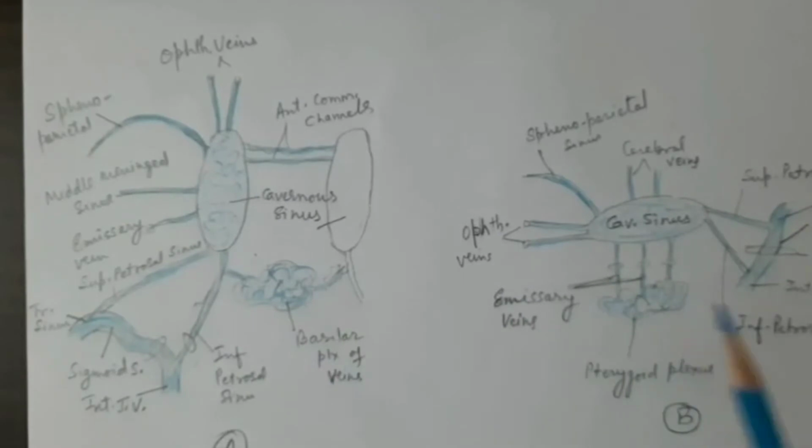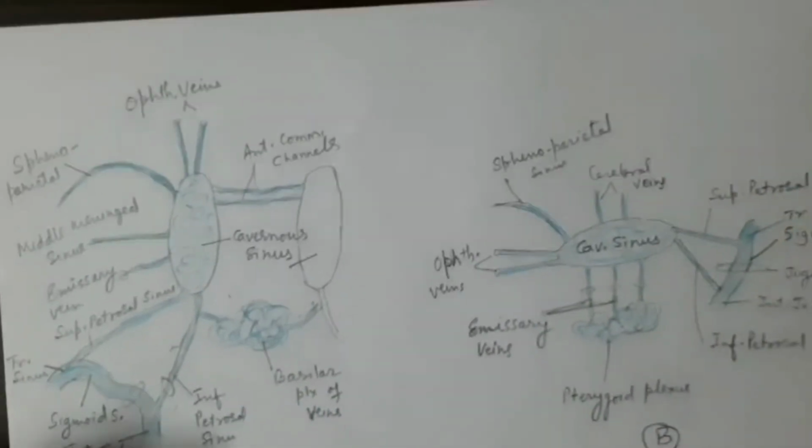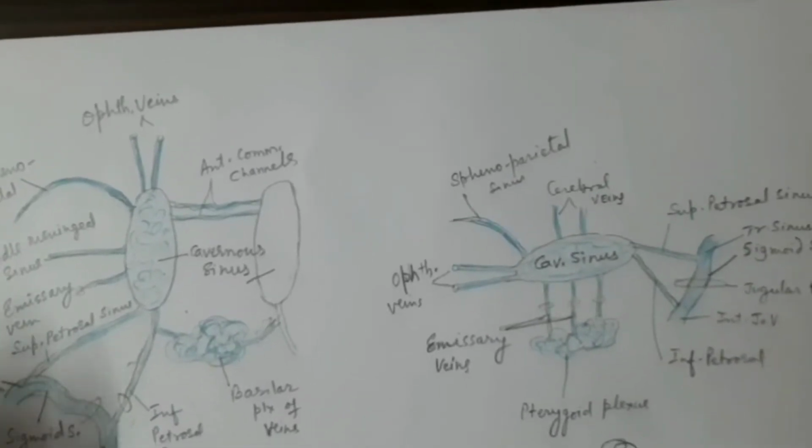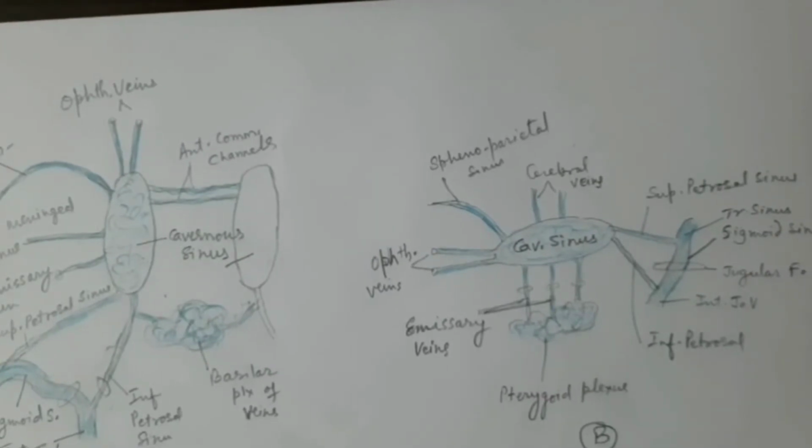So there are two views I have drawn, one from the top and another from the lateral side, and both diagrams will show us the tributaries, the inward coming channels, and the outgoing channels, called the drainage channels. Let us first come to the tributaries of the cavernous sinus.